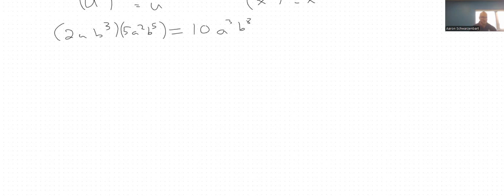So I took my numbers, 2 times 5, I multiplied them. Took my a's, I added the exponents, 1, which was not written, plus 2 is 3. 3 plus 5 is 8. One of the keys to exponent rules is doing one thing at a time.